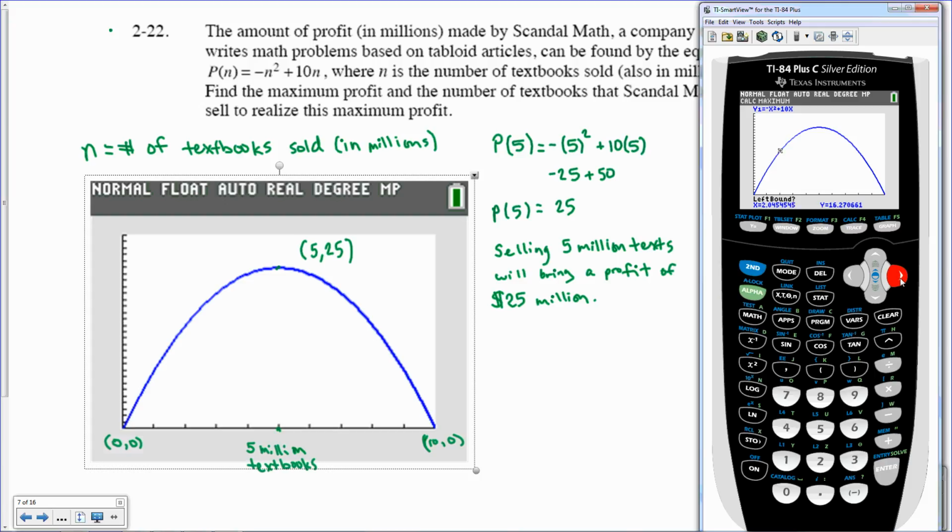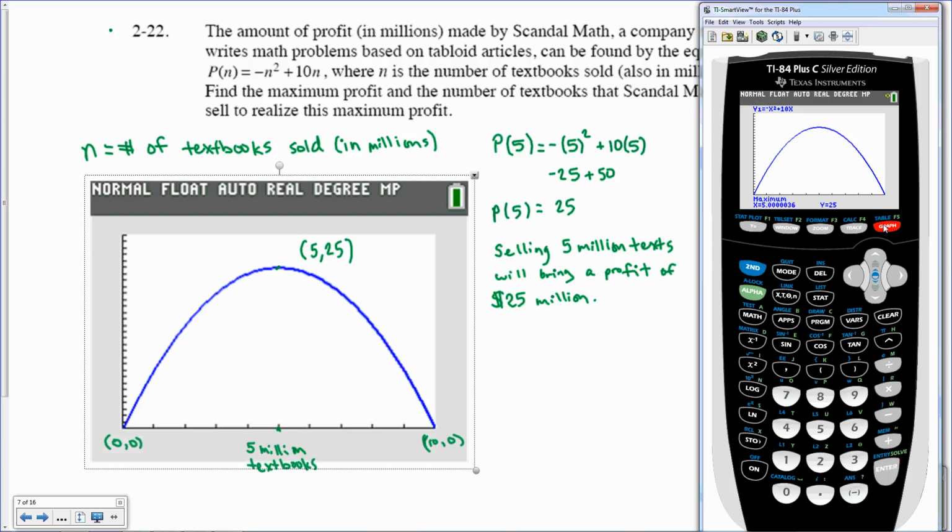It has us create a left boundary to the left of our highest point, press enter, then move past the point to create a right boundary, press enter, and enter one more time. You see the maximum says 5.000036. That's just because sometimes the calculator has a hard time being exact, but you see it matches up with what we have.